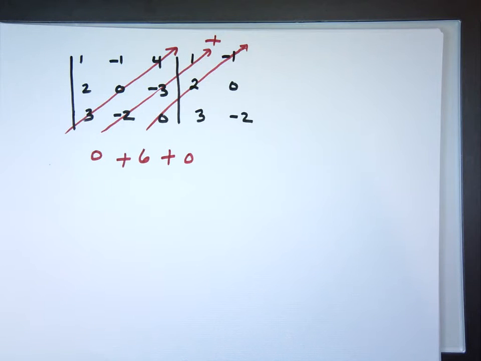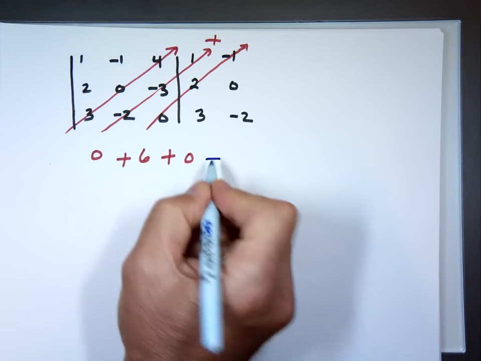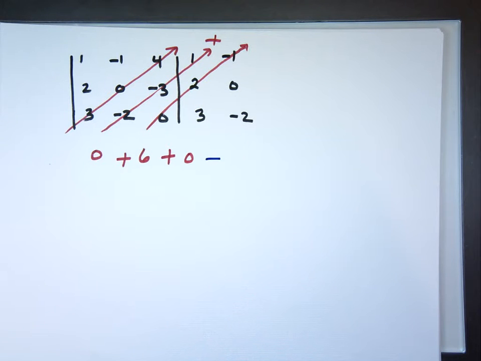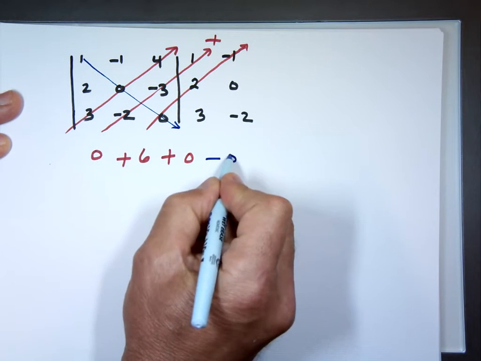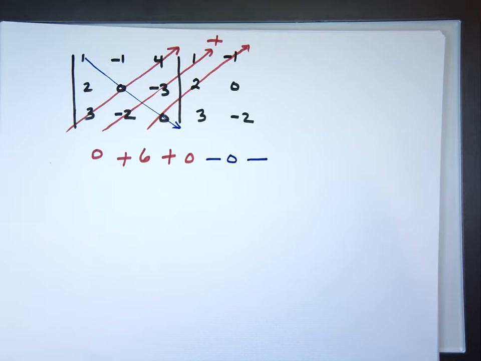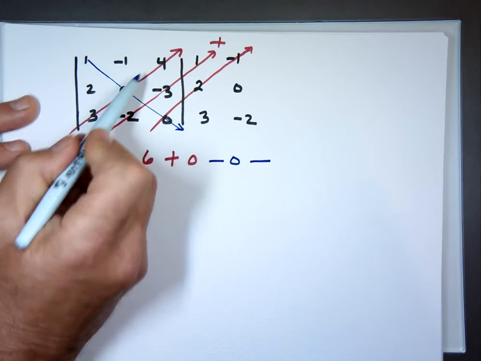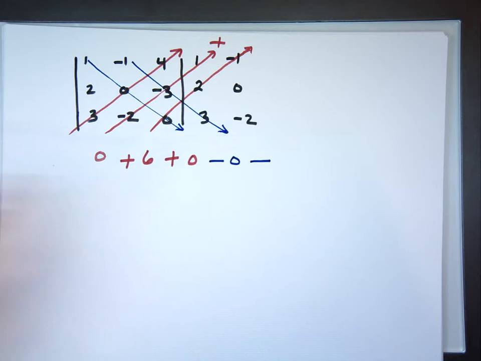Now let's do the subtractions. 1 times 0 times 0. 0. Minus, what's that number? Is that a 9?